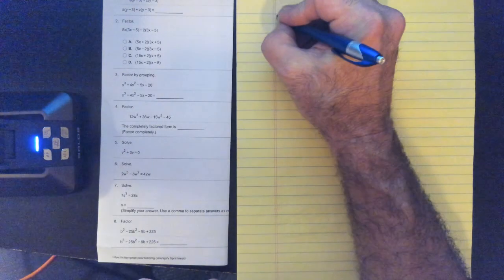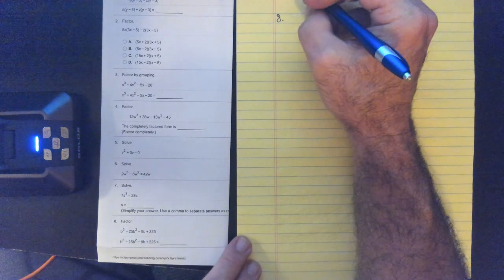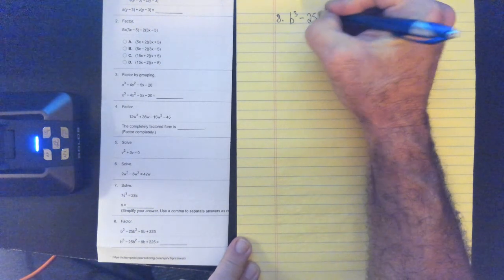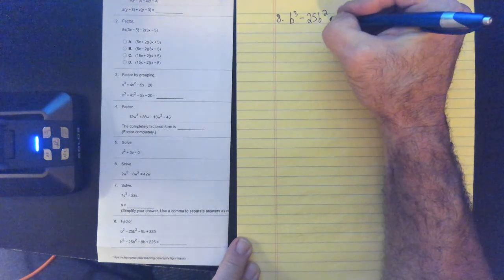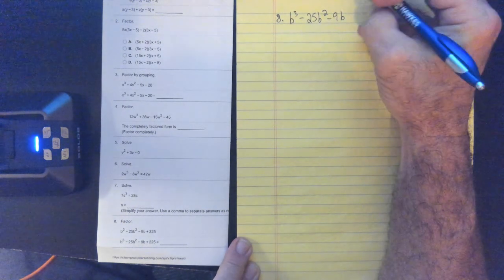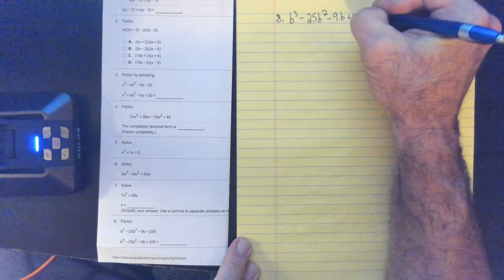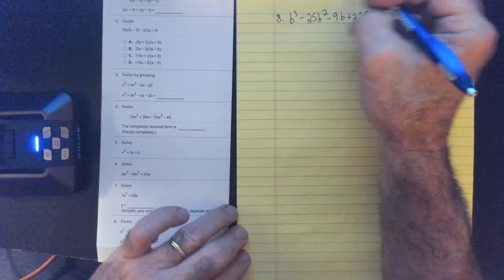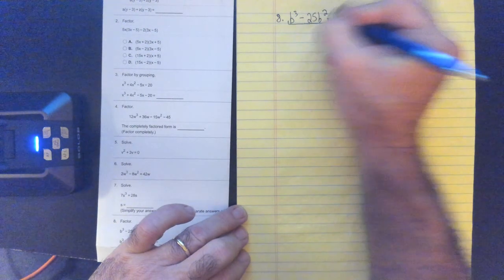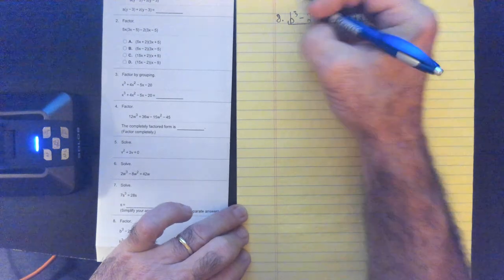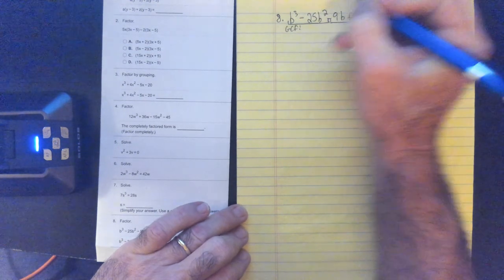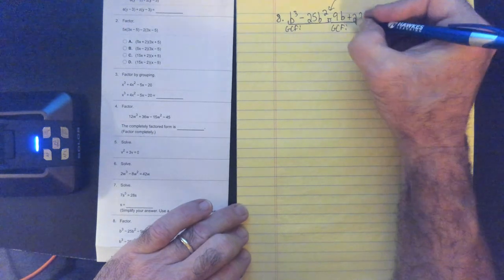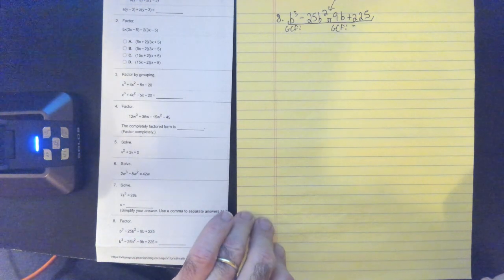Alright, so number 8 is factor, so I got b to the third minus 25b squared minus 9b plus 225. Alright, none of these have a GCF in them, so since there's 4 terms, I'm going to factor by grouping the first 2 and the second 2. Find me a GCF of each one, and the second GCF has to be negative, like that third sign.